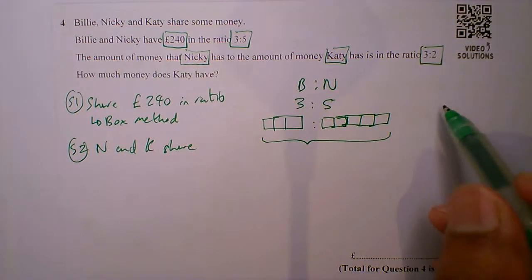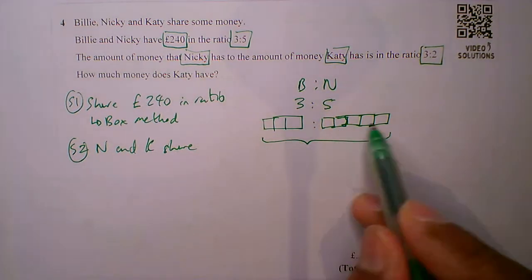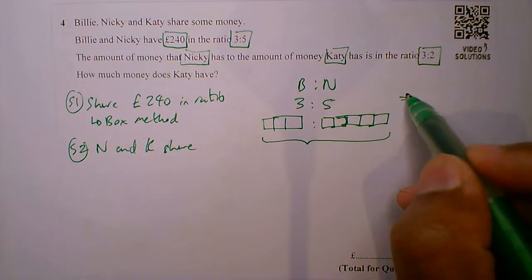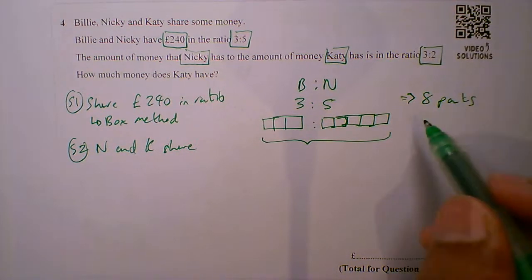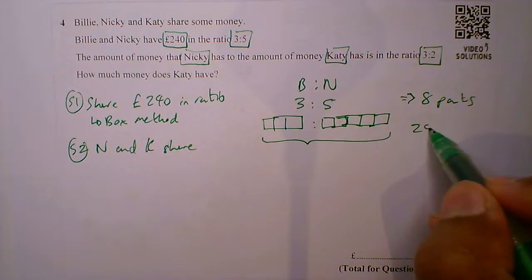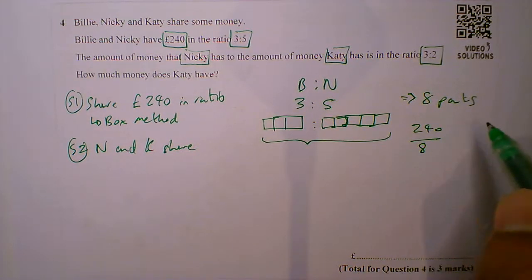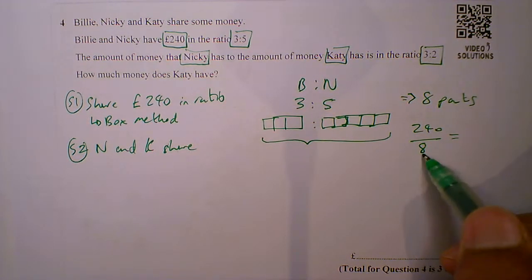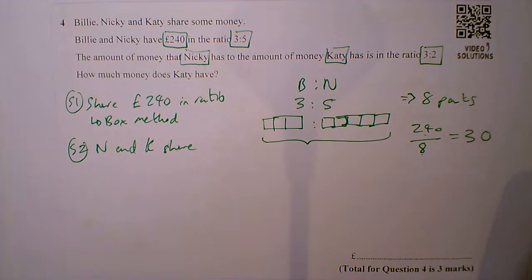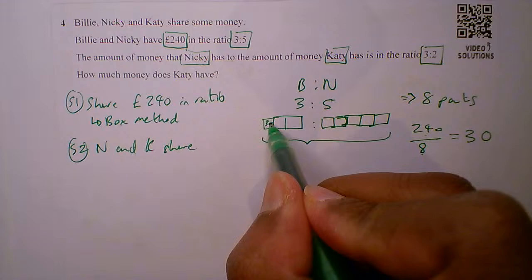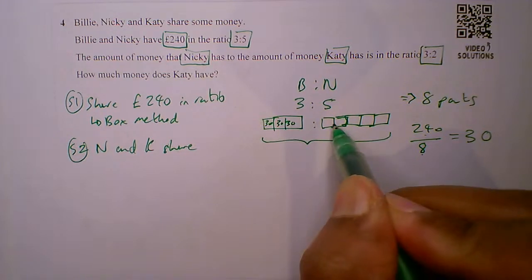Okay, so that means I've got 3 and 5 parts, so that's 8 parts altogether. So I'm going to be sharing 240 between 8 parts. That gives me 8 goes into 24, 8, 16, 24, 3 times, add the 0, so that's 30 in each box. 30.